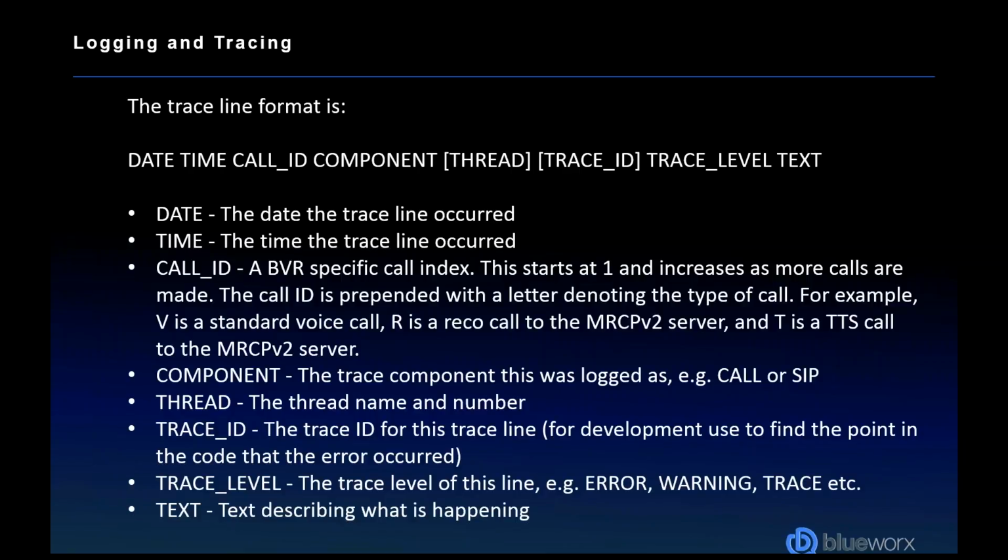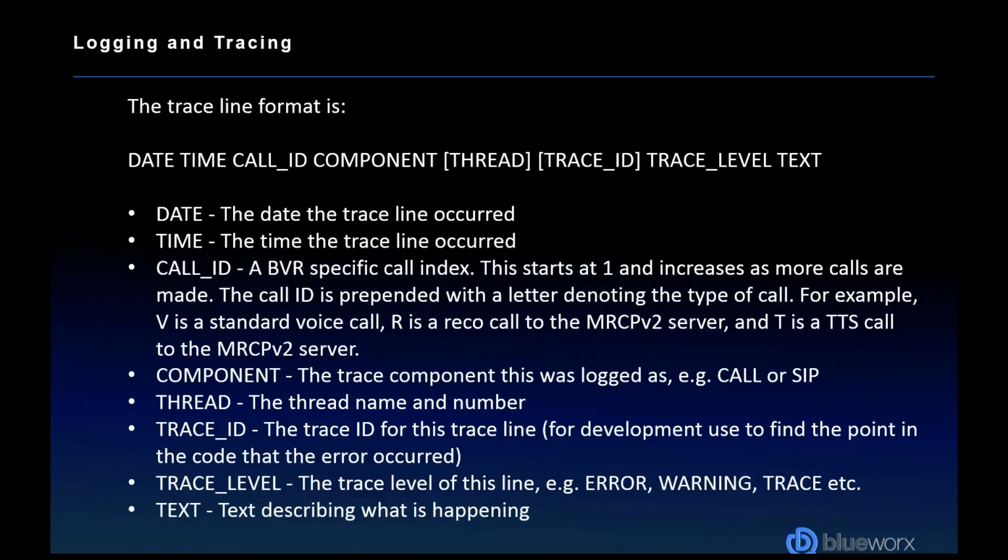So when you look in the trace files, you'll see a trace line with a format like this. So we give you the date and time, the call ID, which is specific to BVR, and it's kind of an index, and it increments by 1 each time there is a new call. Now the call ID is prepended by a letter determining what type of call it is.